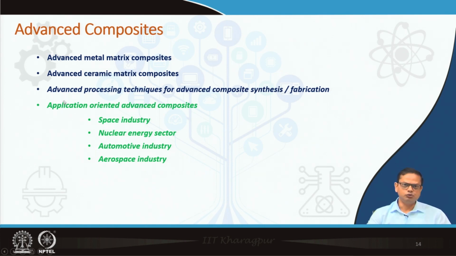Now, I would like to move into this topic which talks about application oriented advanced composites, and in this I will talk about 4 sectors: space industry, nuclear energy sector, automotive industry and aerospace industry, where various kinds of advanced composites are being used in different applications.